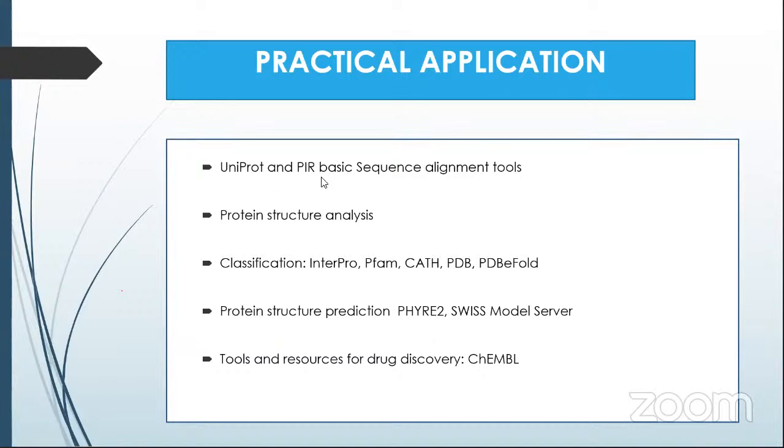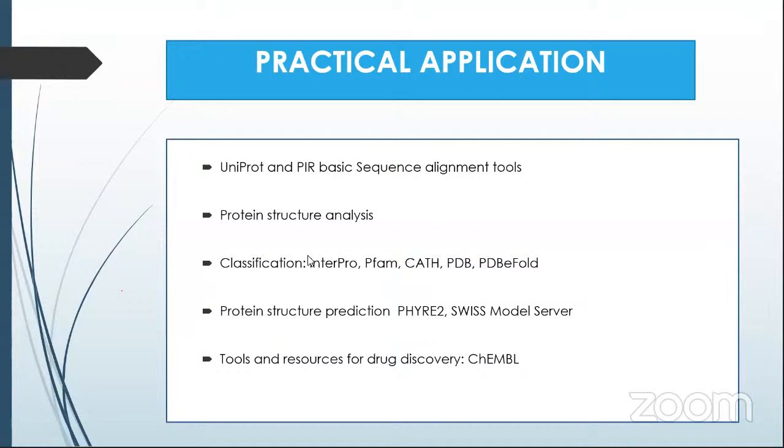Once you know UniProt and PIR for the sequence based analysis, you can move towards the protein structure based analysis, okay. And after knowing the sequence information, you can move ahead to the classification of the particular protein. Classification is nothing but you will get the domain, the motifs, the family of the protein, okay.